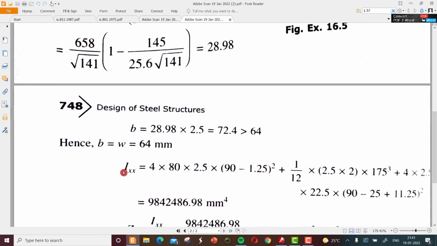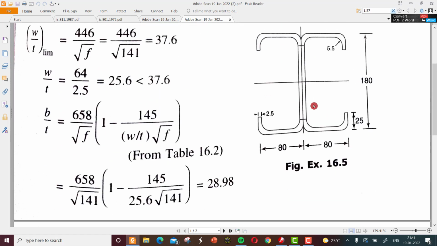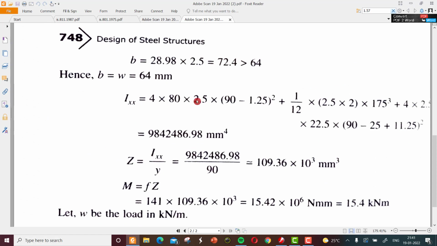Then we have to find the moment of inertia of this section. We know the webs are there, we know the flanges are there. Taking moment of inertia about the centroidal axis will give you this big value in mm raised to 4, and we know the bending equation.